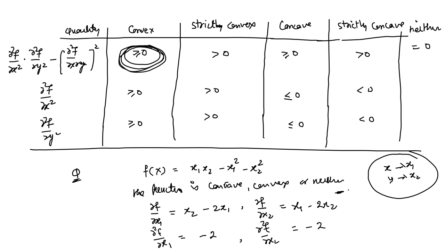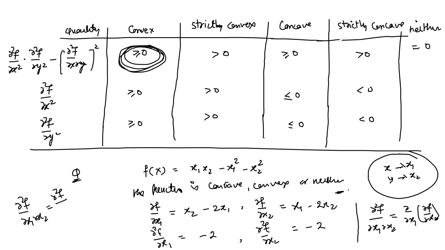And last we calculate del square f upon del x1 del x2. How to calculate this? We calculate this as del upon del x1 of del f upon del x2, or vice versa, because you know that del square f upon del x1 del x2 is always equal to del square f upon del x2 del x1.